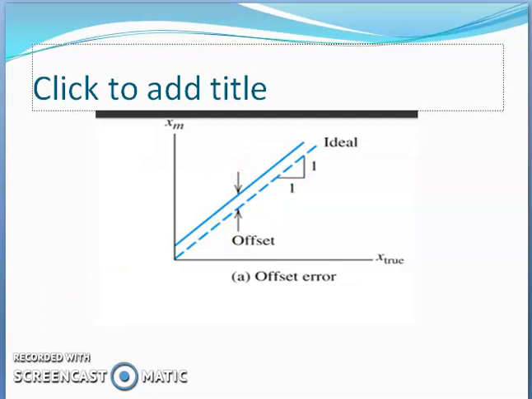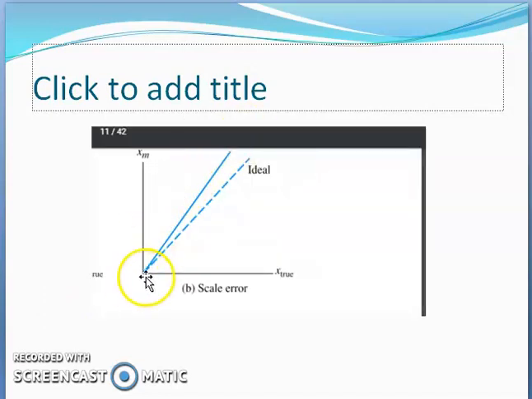And in the case of sensitivity error, for a lower value of input, we get a lower error, and for a higher value of input, we get a higher error. So if we increase the input value, at the same time the output error is also increasing with respect to output. That is, a multiplication factor is present in sensitivity error.